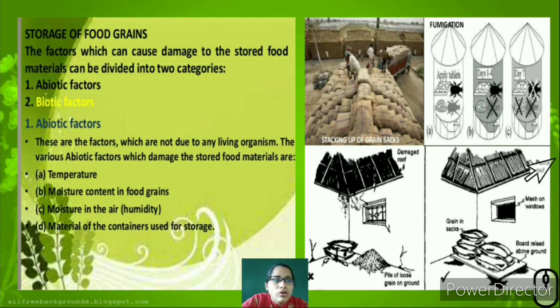Also there is a damaged roof that needs to be repaired. Here you can see grain that is not stacked properly, and here a broad raised platform, where the stacked area is away from the ground.